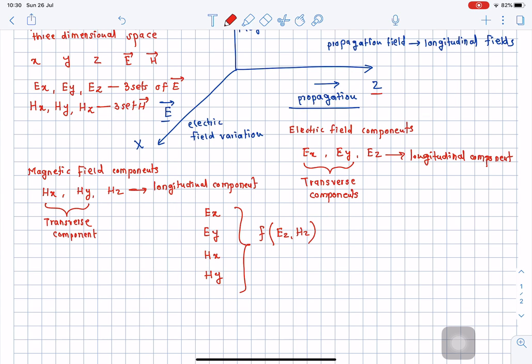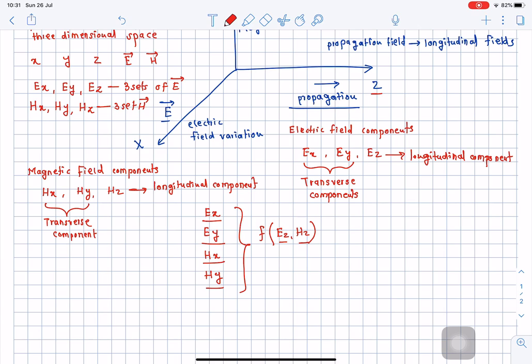We want to develop equations for the transverse field components, which are Ex, Ey, Hx and Hy, written in terms of the longitudinal field components, that is Ez and Hz.